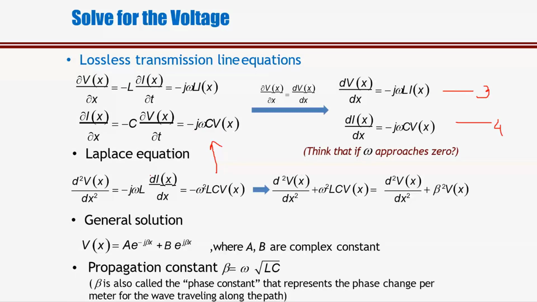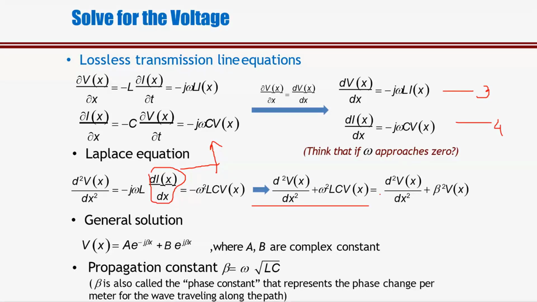So here I will replace dI by dx by this equation, and I can write minus omega square L C V(x).